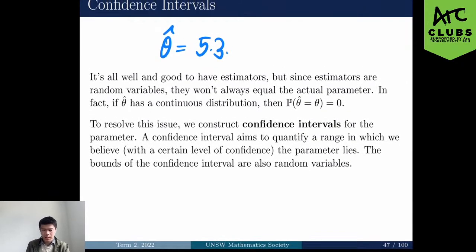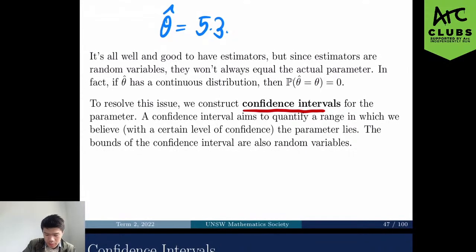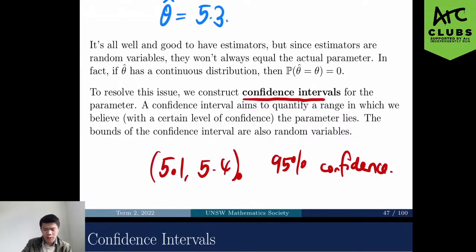So what we want to do is basically construct a confidence interval, which captures a range in which we're pretty sure that theta lies, right? So for example, I can say, I'm pretty sure it lies between 5.1 and 5.4. Right, I can tell you that, right? And you can say, I know this with a confidence of 95%. What does this number actually mean?